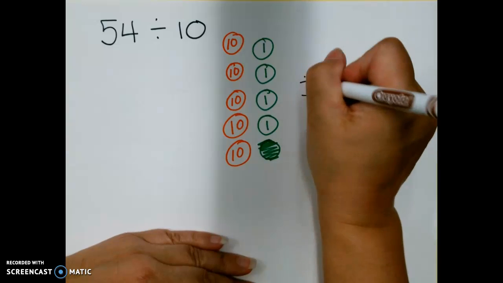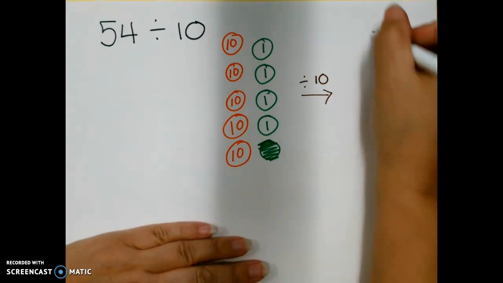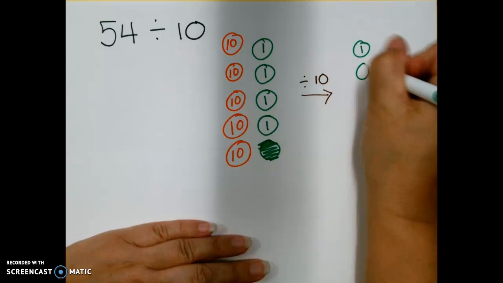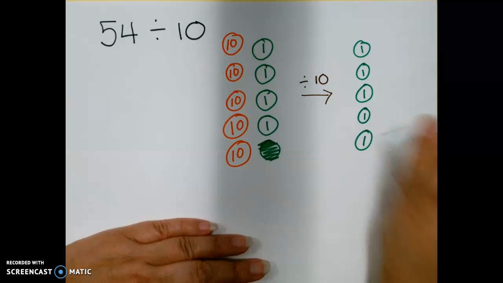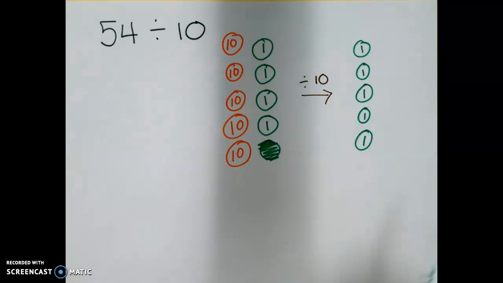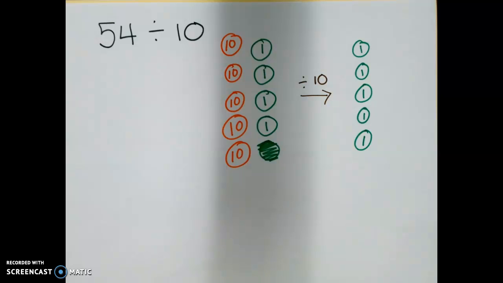So when I divide 5 tens by 10, I get 5 ones. So I have 1, 2, 3, 4, 5 ones.